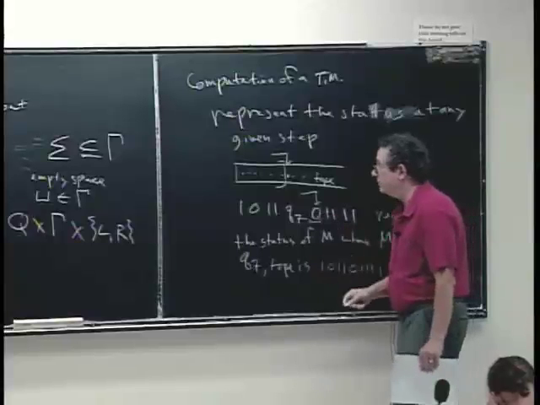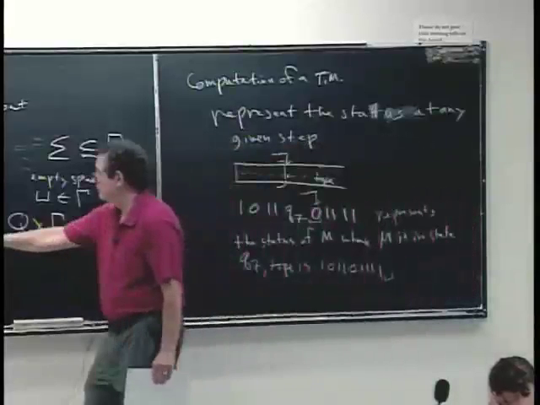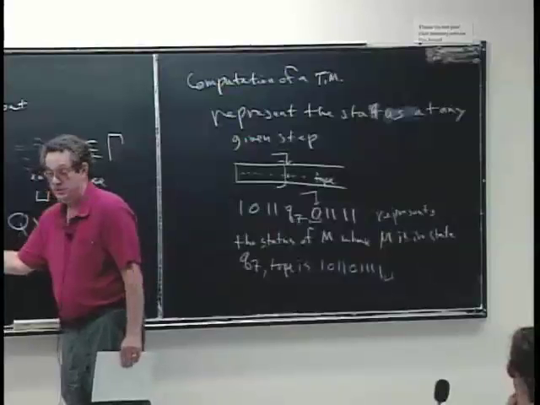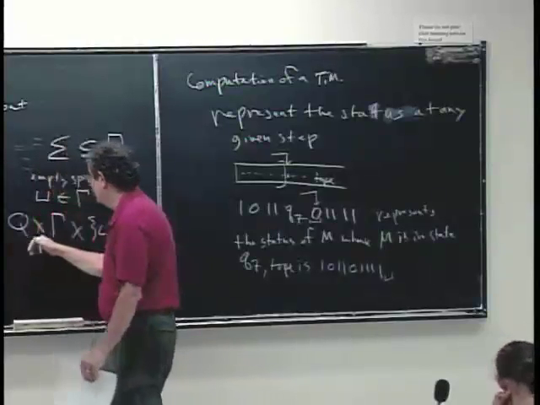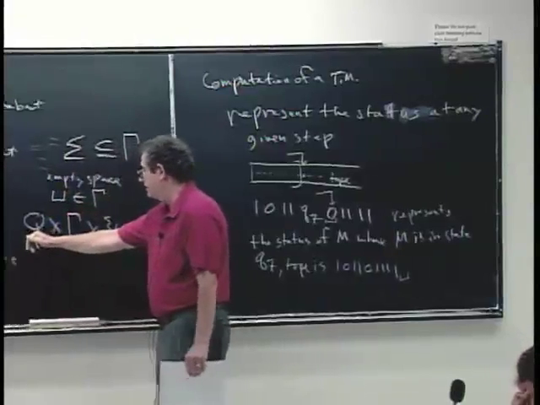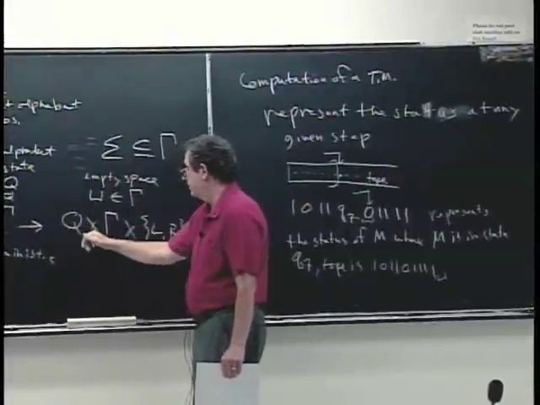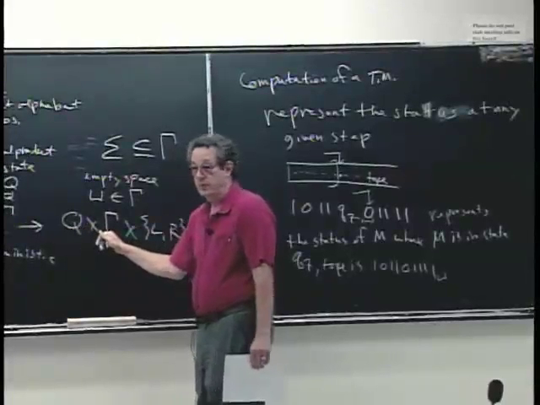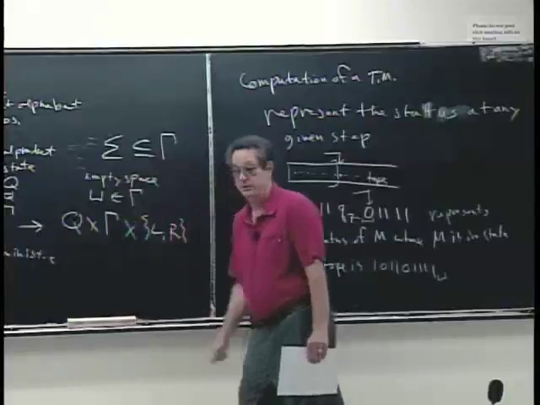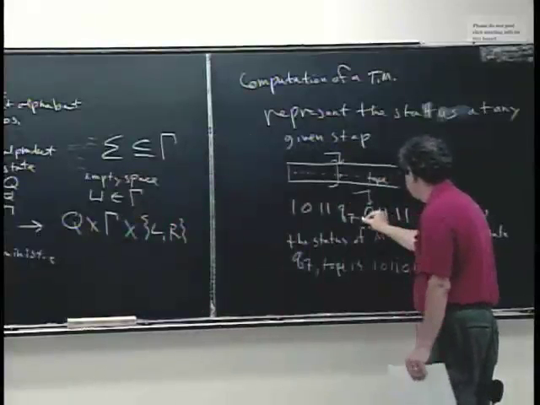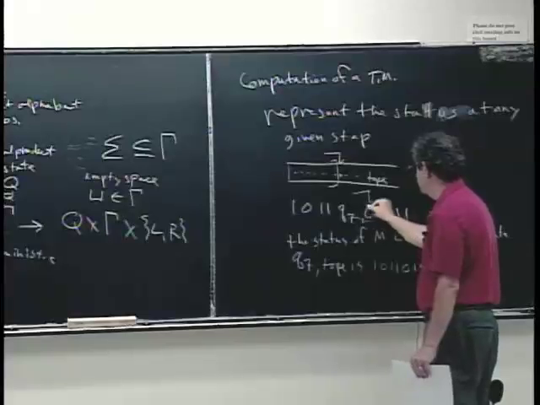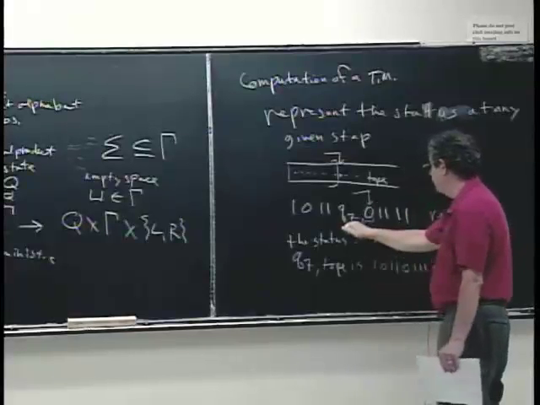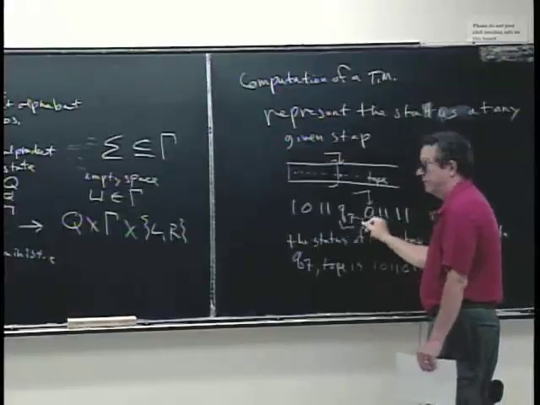Because in a single step, we're going from what state we're in and what symbol we're reading to a state, which may be the same or may be different. And then we write something, but we write it right where the read head is looking. So this is the only symbol that might change, okay? And this might change, so these two might be different.